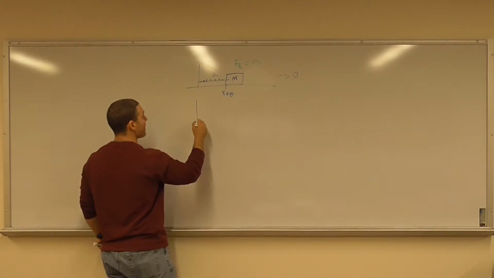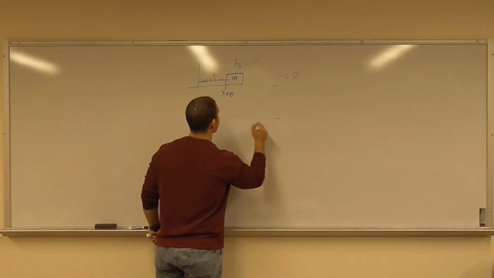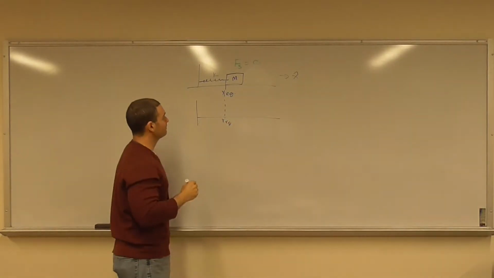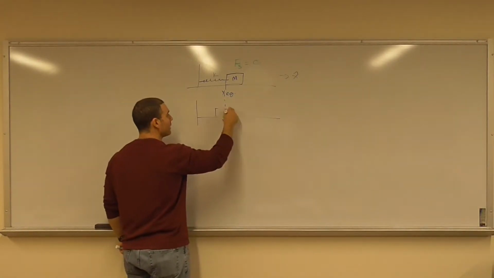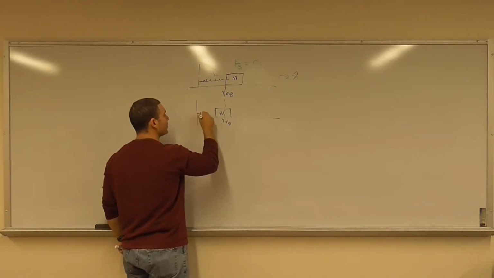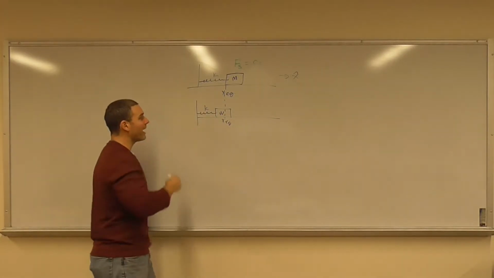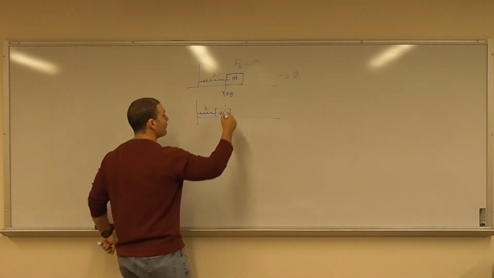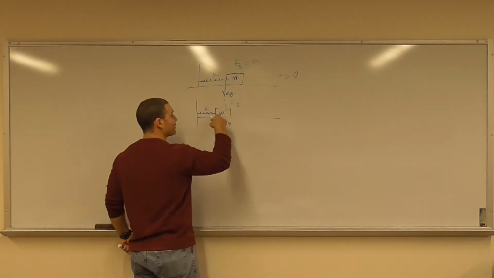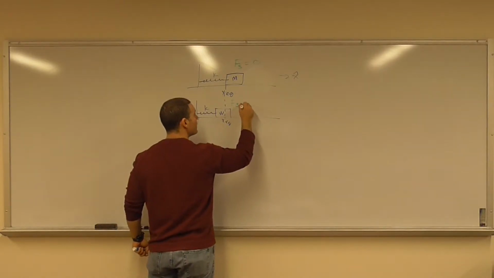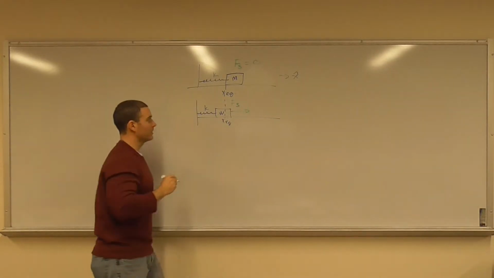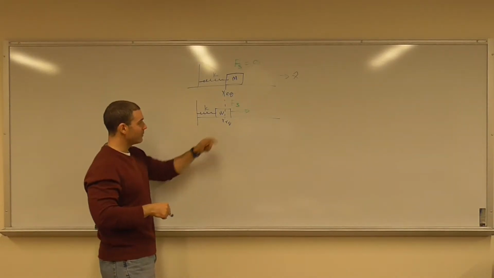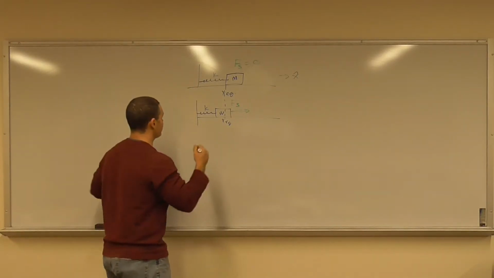If we draw the same mass with the same x equilibrium position, and the mass is over here and the spring is compressed, well, it's too short. So the force that the spring exerts is going to be in that direction. It's going to want to push the mass back to its equilibrium, to its natural length.